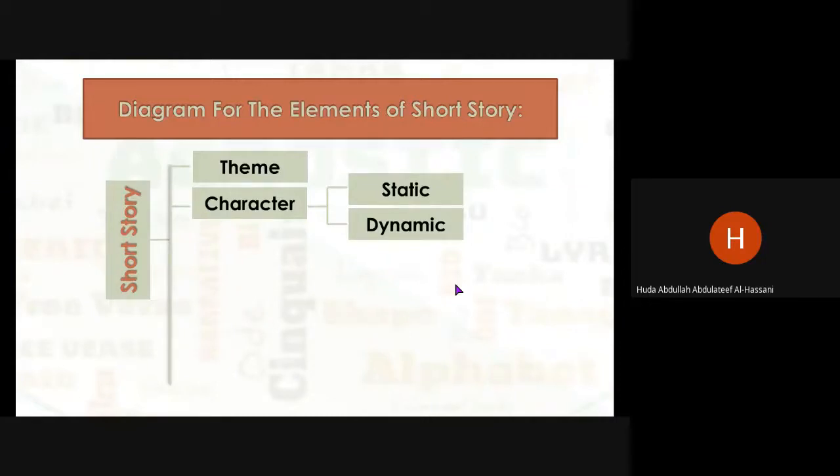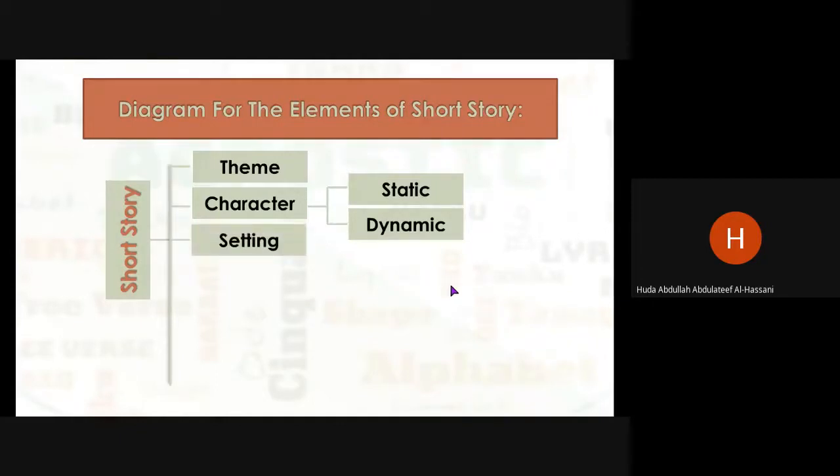The antagonist can be changed also. Sometimes he will be a dynamic character, not a static character. For example, at the beginning, he will be an evil person, but at the end, he will be a good person. Maybe he will be sorry for his deeds or something. Sometimes, not all the time. It depends on the story and the plot and the author.